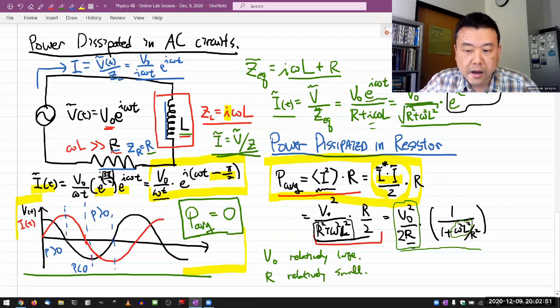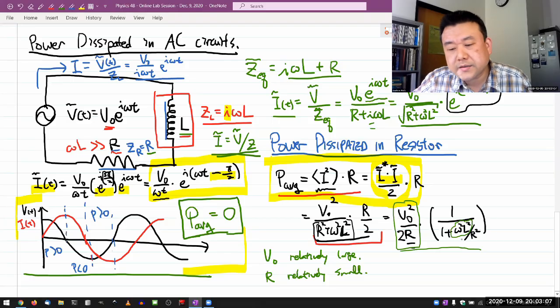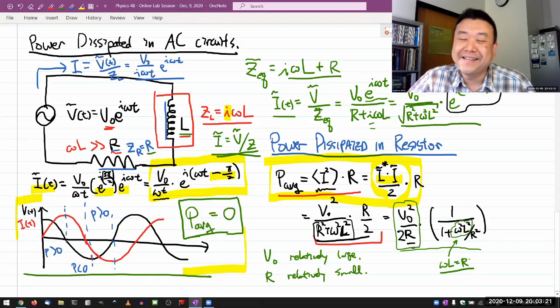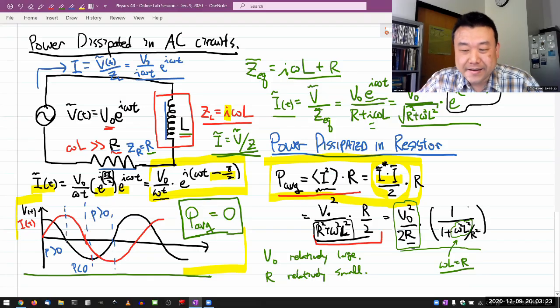And how I want to specify that is, do I want it to be relatively small? Let me just make this easy for myself and say omega L is equal to R. Under that scenario, this numerical factor is 1/2.